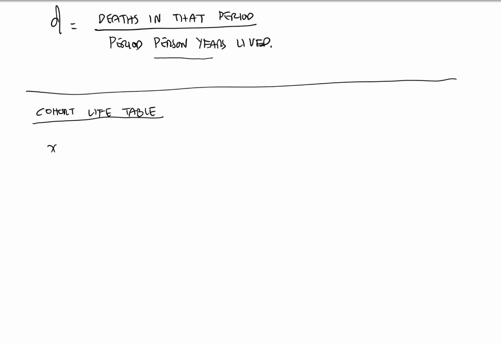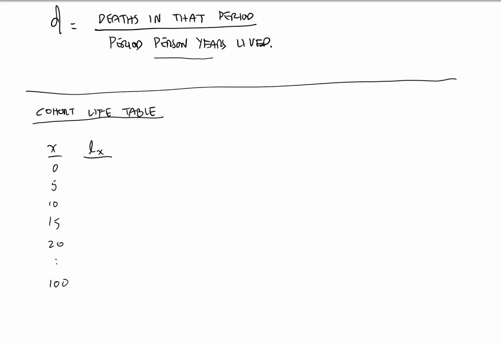You may have seen this before, a life table. We're going to use x for age, and I'm going to do an abridged life table, so we'll do it by 5-year intervals, so 0, 5, 10, 15, 20, and so on, up to, say, 100 years old. There are certain columns of the cohort life table. Let me just write down some of them. There's going to be a column called the l_x column.